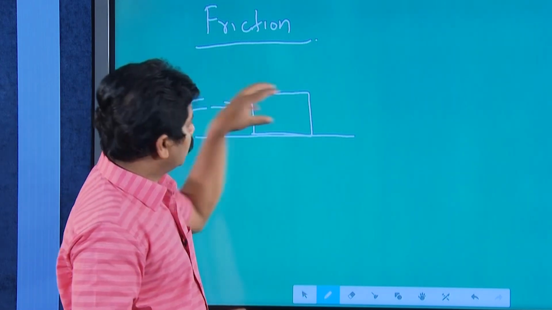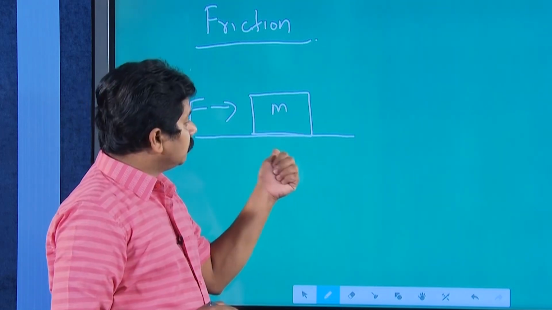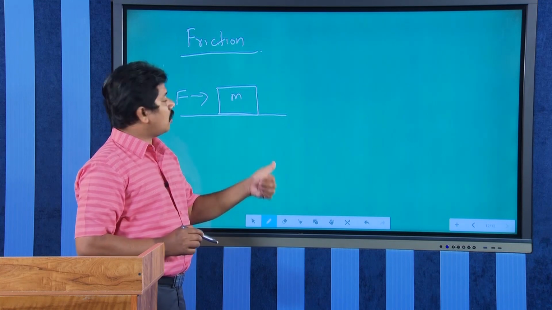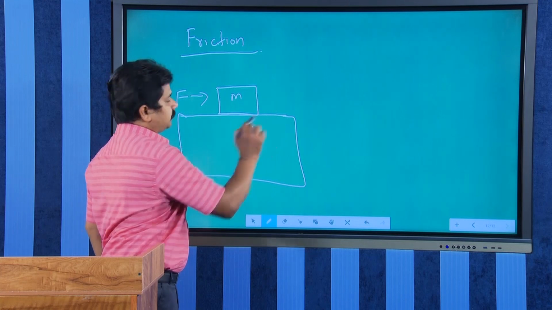Now, when it is pushed in this direction, this block has a tendency to move towards the right. It is sliding over this surface, the top surface of a table.